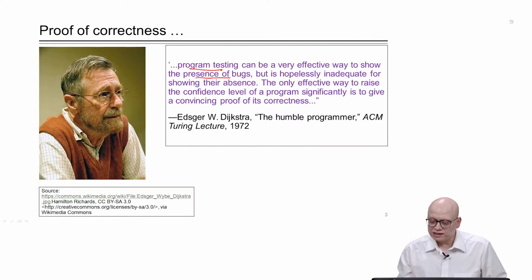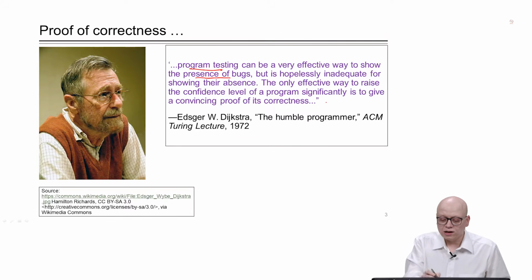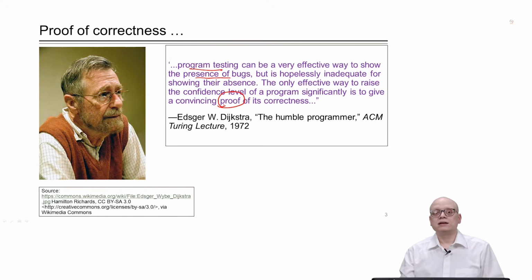The only effective way to raise the confidence level of a program significantly is to give a convincing proof of its correctness. Though this statement is made in the context of software and testing a software for bugs, this is very much relevant for hardware also.